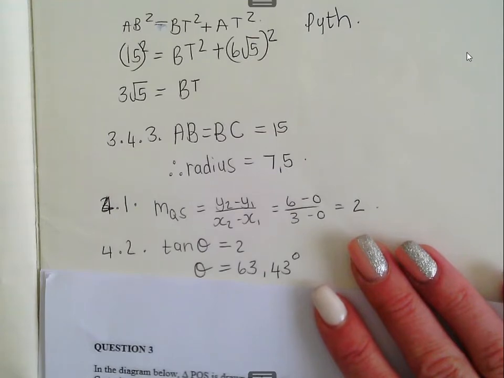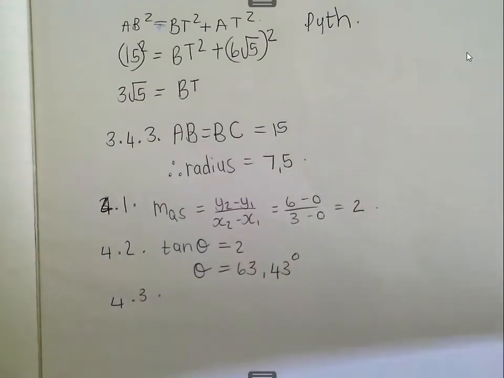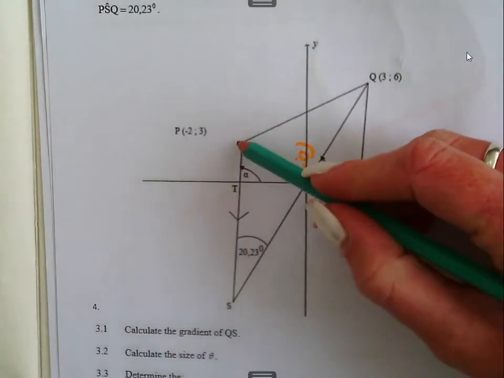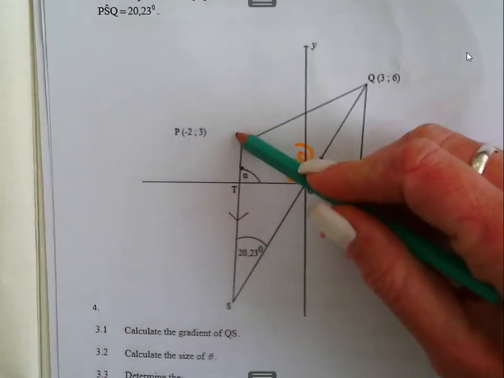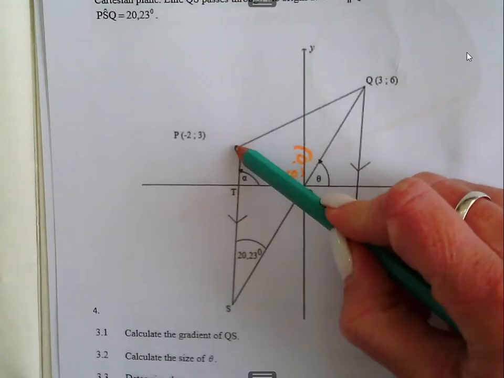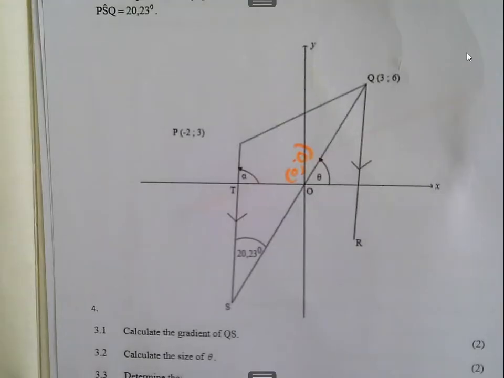Okay, now the fun and games started at 3.3. Let's look at this. They wanted you to find or to calculate the gradient of PS, round it off to the nearest number, but you have P's coordinate, but you don't have S's coordinate. Right. Now let me tell you something. The fact that they said round off to the nearest number should give you the idea that you're going to calculate the gradient with an inclination angle.